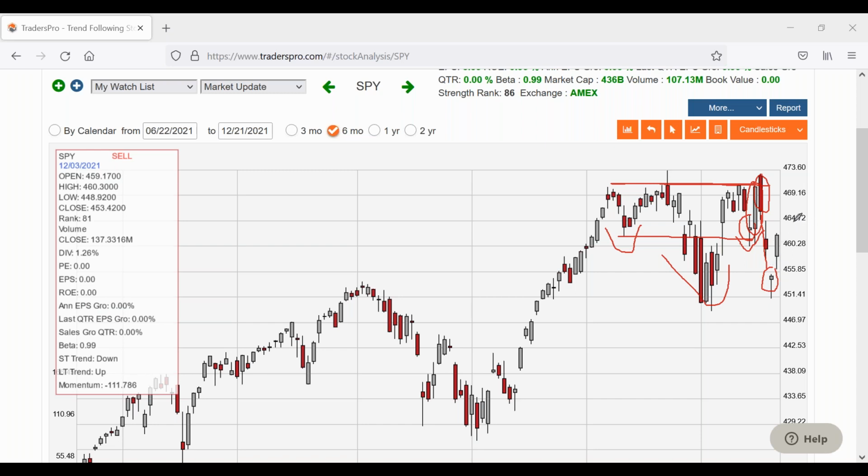Now, overall, though, I think the pattern has still held up. One thing that was really interesting yesterday is here's the previous breakout area where we broke out to new all-time highs. If you draw a little trend line right across there, you can see that we dipped a little bit below it yesterday, but we closed above it. And we closed above it with a bullish hammer candlestick formation, okay?